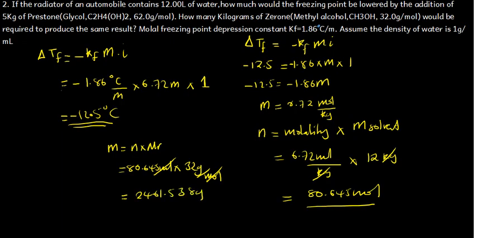It is in grams, but we want kilograms, so we'll convert this to kilograms. We know that in 1 kilogram we have 1,000 grams, so the gram cancels with the gram. Dividing by 1,000, that will give us about 2.46 kg. So this is going to be the value then.